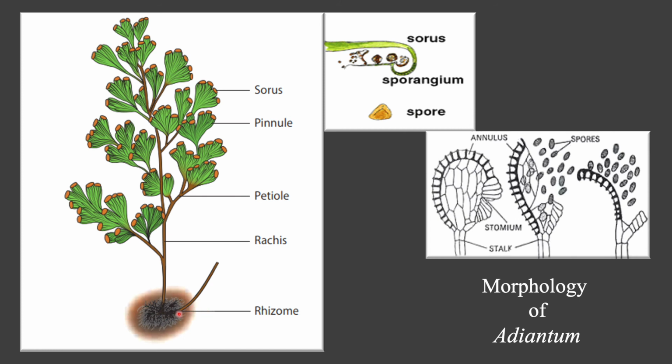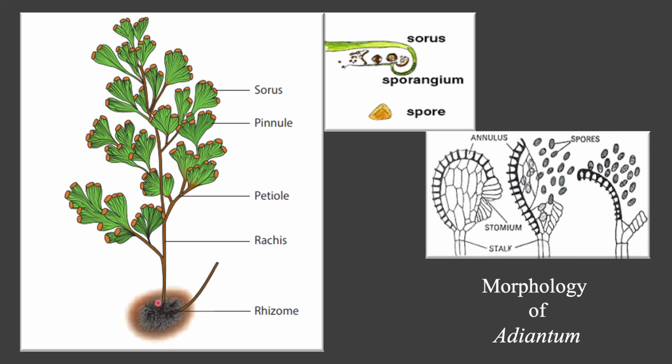It is usually unbranched and is covered by persistent leaf bases. The stem and the petiole are covered with numerous brownish scales known as ramenta. The roots are fibrous, adventitious, and arise from the lower side of the rhizome.